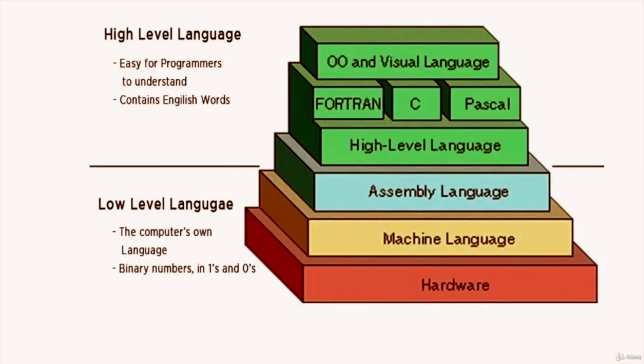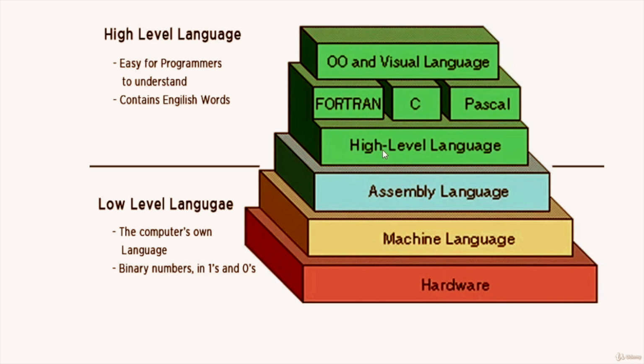This is a brief illustration of high and low level languages. So you can see the nearer the language is to the hardware of the machine, the faster it is, and it doesn't need to be interpreted because it's so close to the computer hardware.